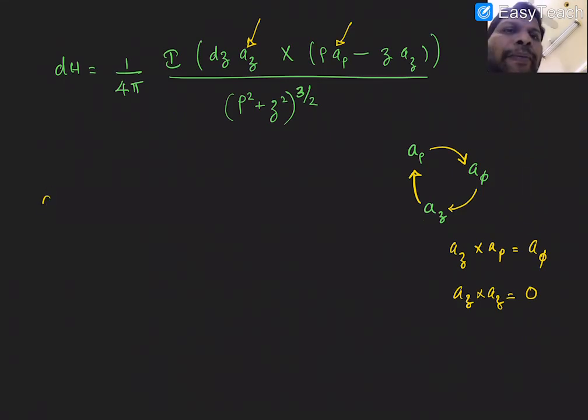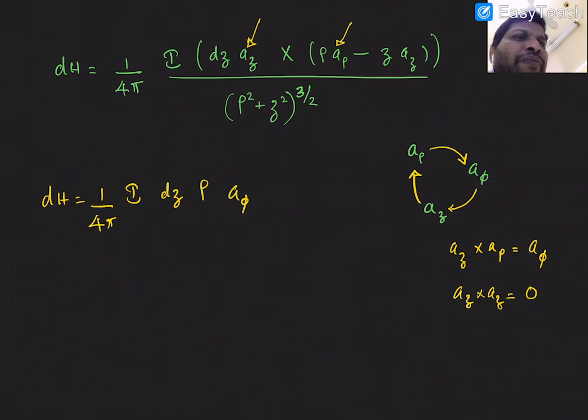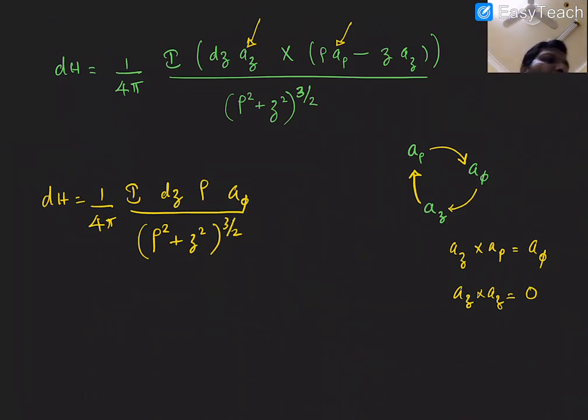So we got dH equal to 1 by 4 pi I, then dz, a z cross a rho equal to a phi, and also there is a rho here, divided by rho square plus z square whole power 3 by 2. The second term vanishes because a z cross a z is equal to 0. I hope it is clear.